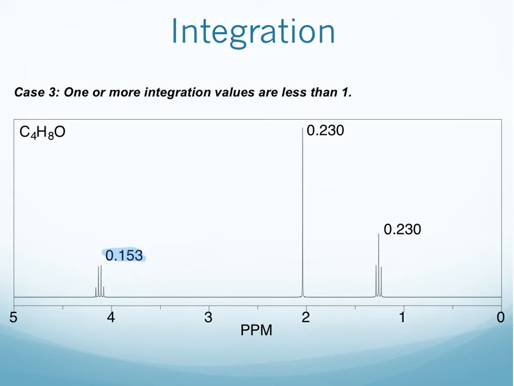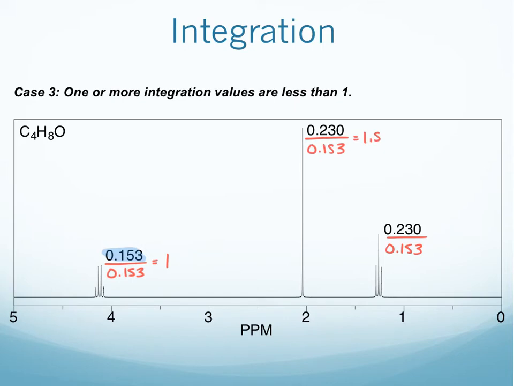So let's divide each of these by 0.153. Right, the first one is easy, that gets you to 1. The second one, when we divide that out, that gets us to 1.5.